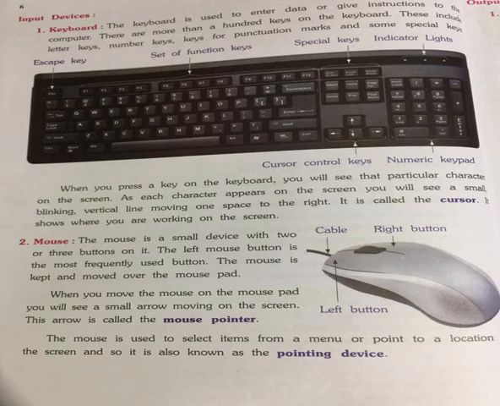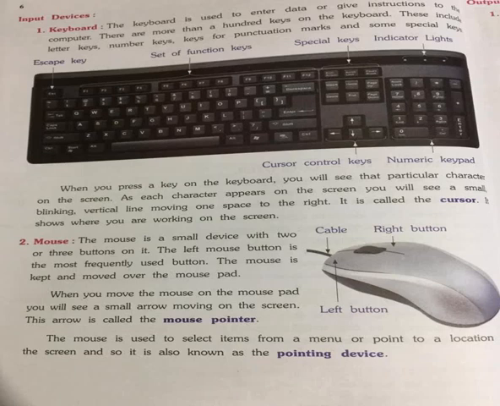The mouse is used to select items from a menu or point to a location on the screen, and so it is also called a pointing device. You can point at anything with the help of the mouse.